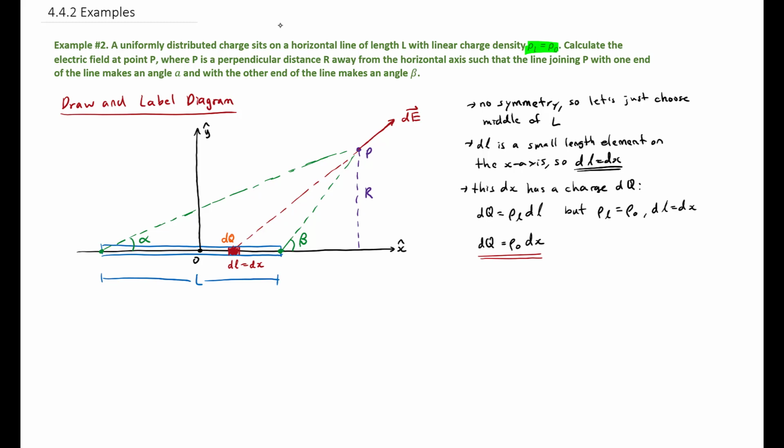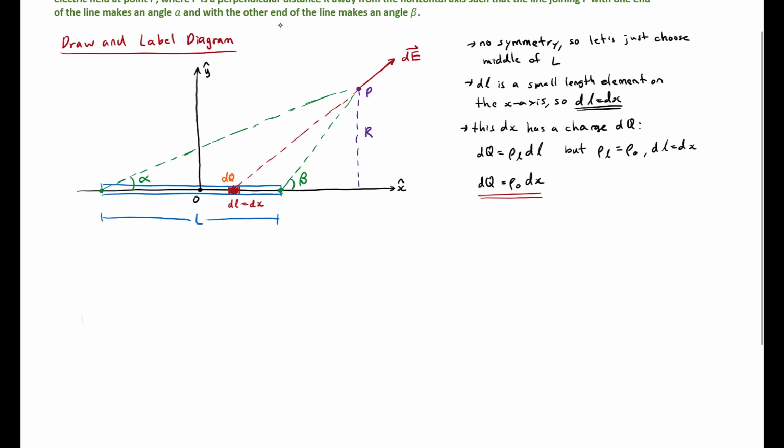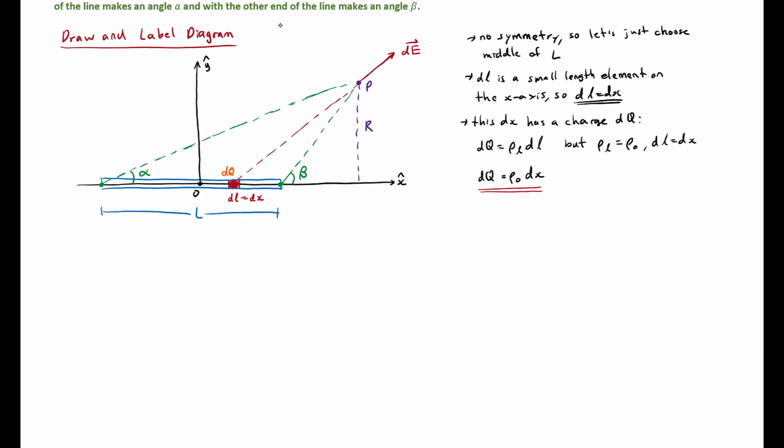So we found our dq. Now we also have to express dE. So in this case, we must find dE. dE is going to be equal to k dq over r squared, r hat.